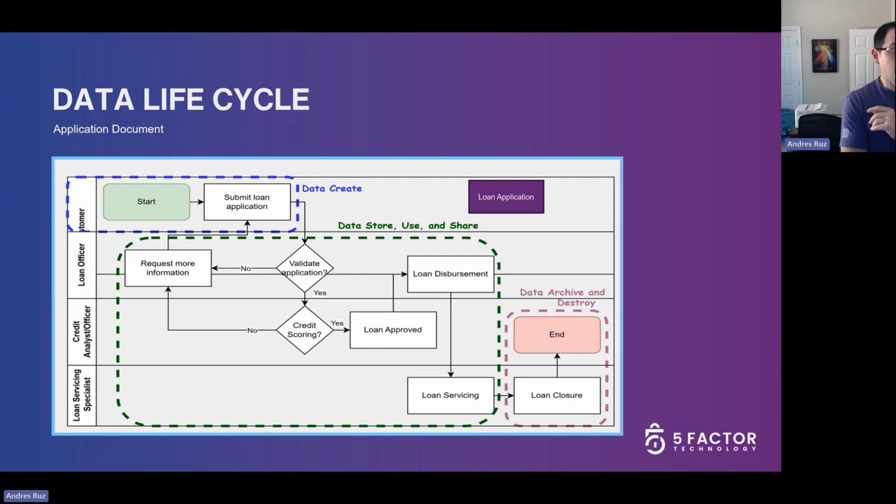They will have someone who submits an application, someone who reviews the application, someone who approves the application for a loan credit, for example, and then someone who is going to disburse the loan, and then of course that loan will go to servicing. As you can see, in this process flow that I mapped, I put each of those life cycle stages that we saw before, categorizing how that loan application, the piece of information that you want to govern, is going to go through that life cycle in this process.